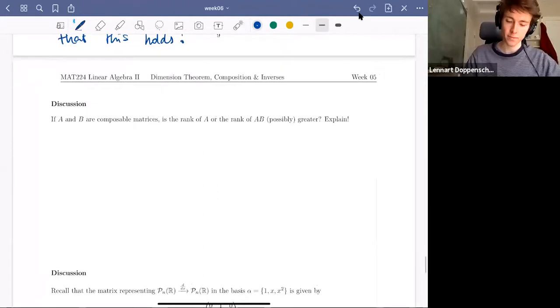So for this discussion, let me remind you that the rank of A, I'm actually not sure if we defined this properly in this lecture or whether I just hope that you had this in 223.